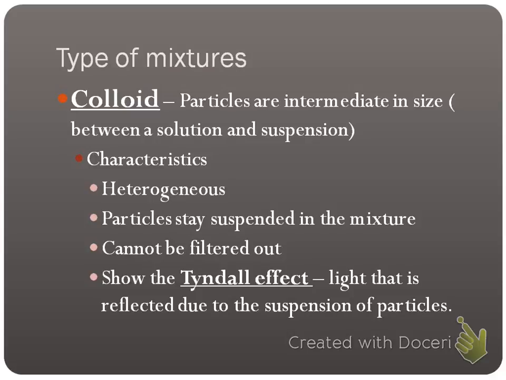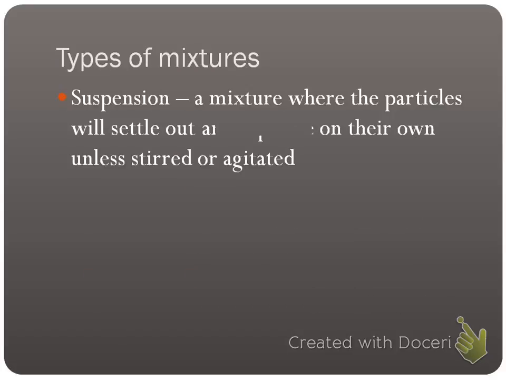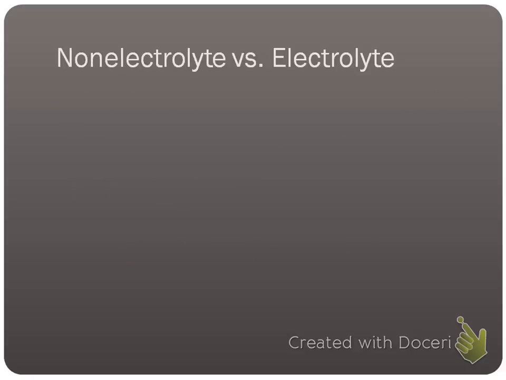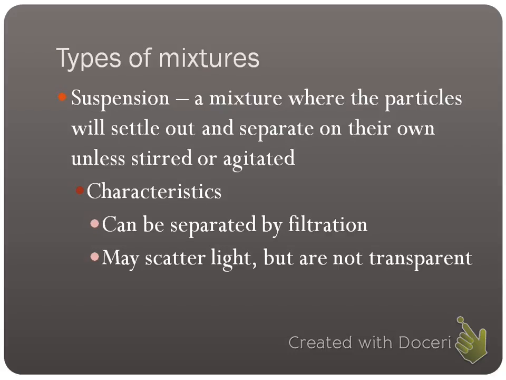That's called the Tyndall effect. And then we have a suspension, and their particles are the largest, and they can be filtered out, and they'll settle out as well. They may scatter light, but the biggest thing is that they will eventually settle out if you don't stir them and agitate them. Okay?